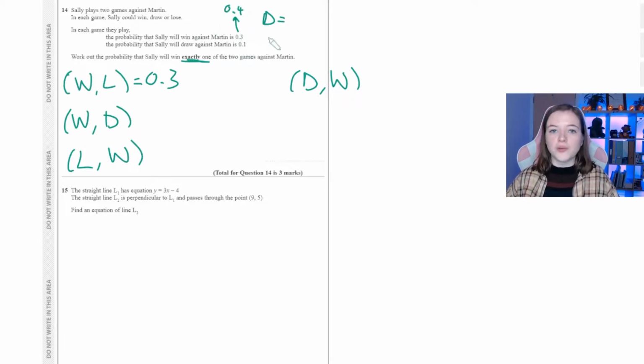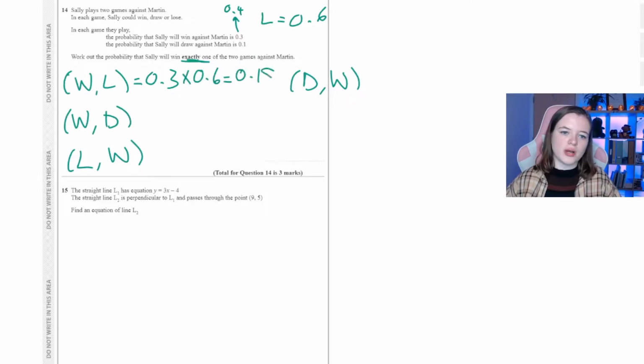Take that from 1, which is 100%, definitely probable, and that's 0.6 left over. So losing is 0.6, and I'm going to times that by 0.3, which is 0.18.